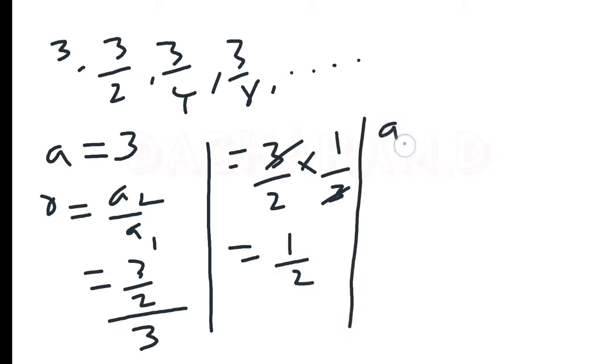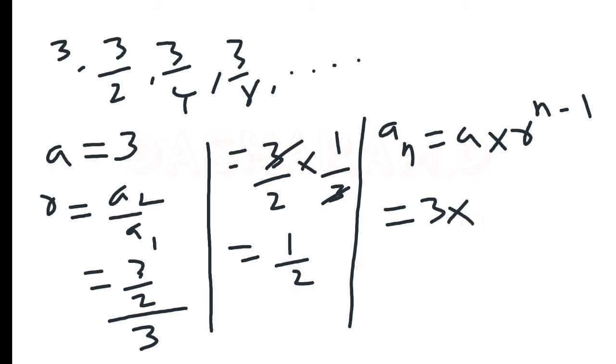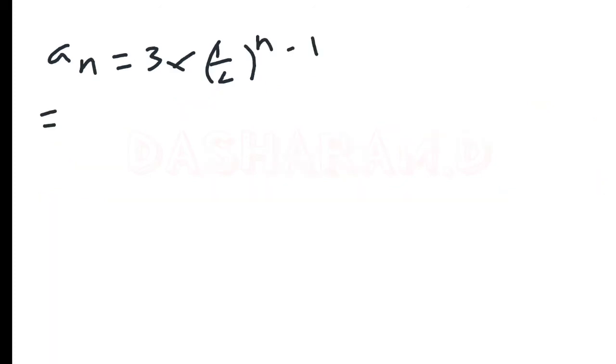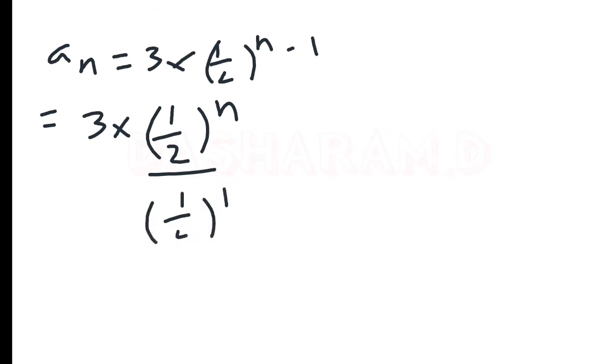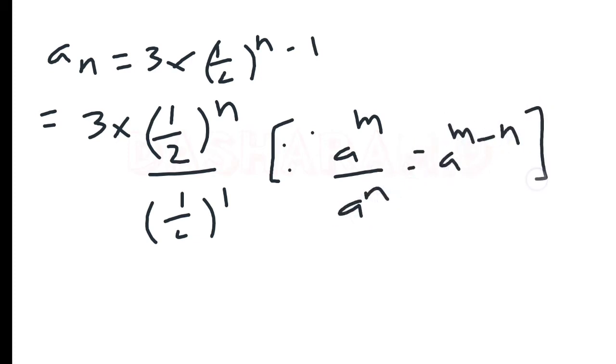Now let's find the nth term. So an equals a into r to the power of n minus 1. The a value is 3 and the r value is 1 by 2, whole power n minus 1. This is the answer, but you can simplify it further. Here 3 into 1 by 2 whole power n minus 1 means 1 by 2 whole power n divided by 1 by 2 whole power 1, because we have a formula: a to the power of m divided by a to the power of n equals a to the power of m minus n.